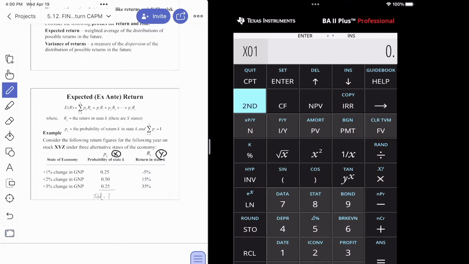Okay, so let's put X as 0.25, enter. And now I put the Y. It's going to be negative 5, enter. Let's put in the second pair as 0.5 for the probability, and the Y is 15. And then for the third case, the probability is 0.25, and then its pair is 35%.